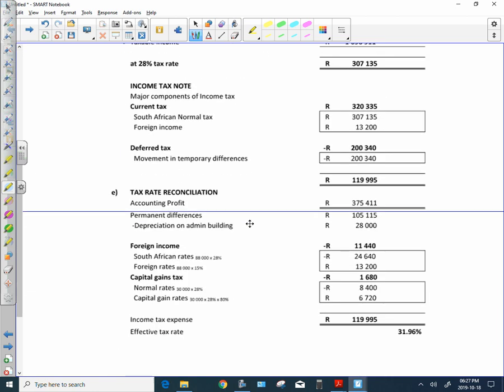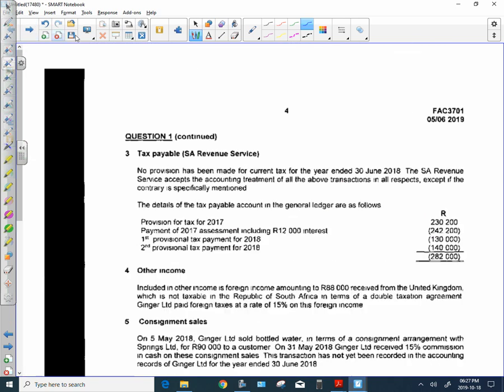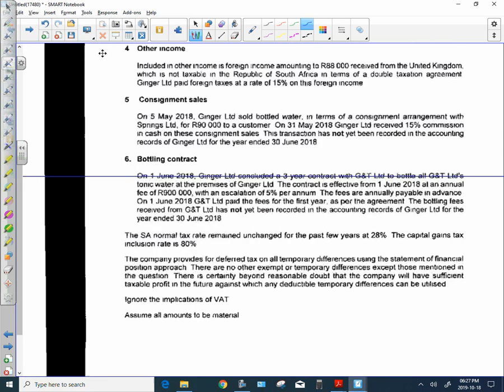Then in terms of my tax rate recon, you'll see under the permanent differences, again, I have that admin building. This time it would be the 100,000 times my tax rate, which I haven't read as yet. If I can quickly jump to that part, they do tell me that SARS tax rate remained unchanged for the last few years at 28% and capital gains at 80%.